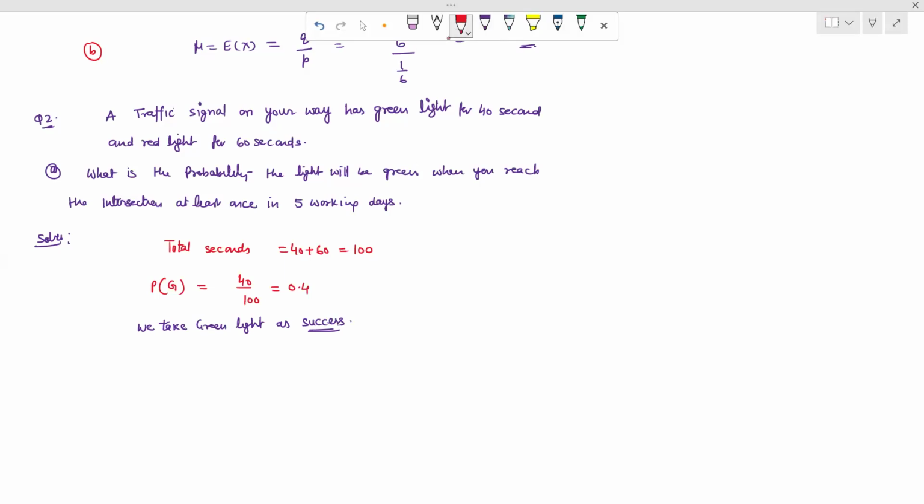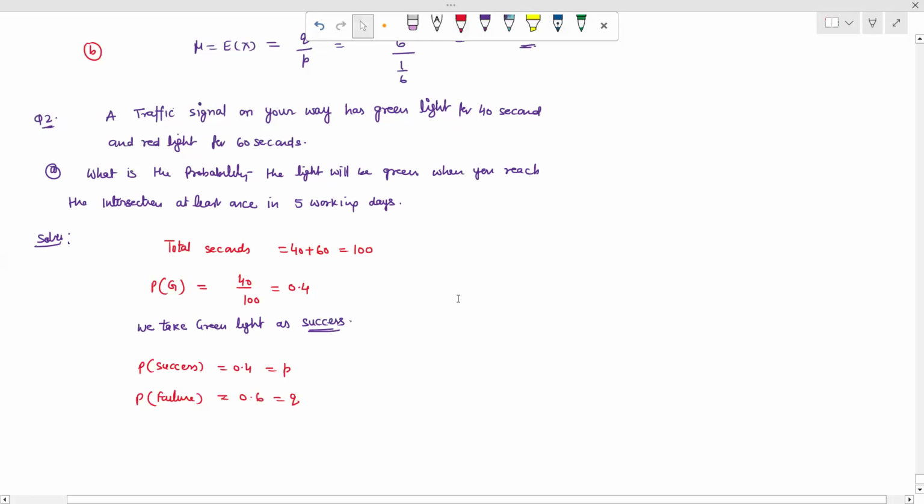So now the probability of success, that is 0.4, we denote as small p. What is the probability of failure? That is 0.6, which we write as q.